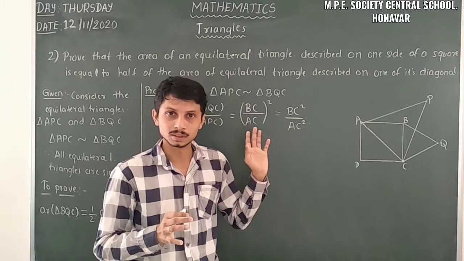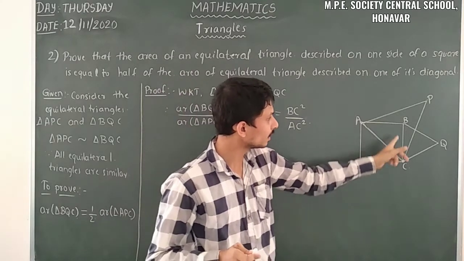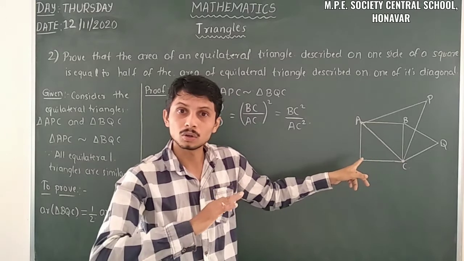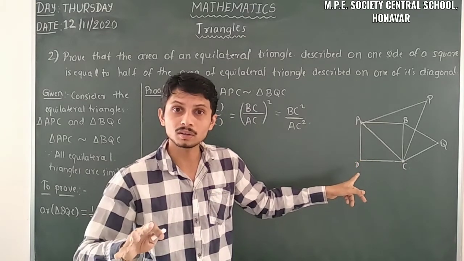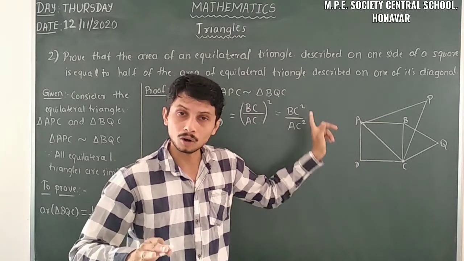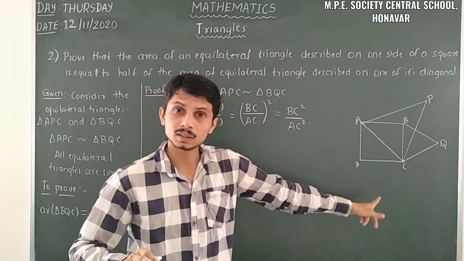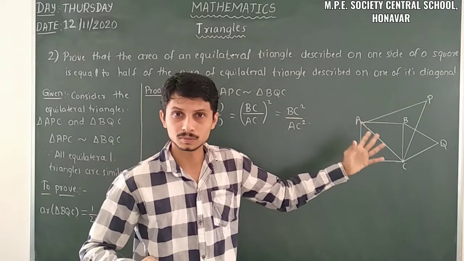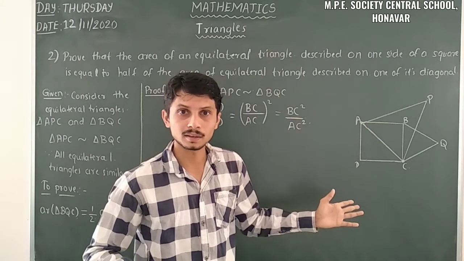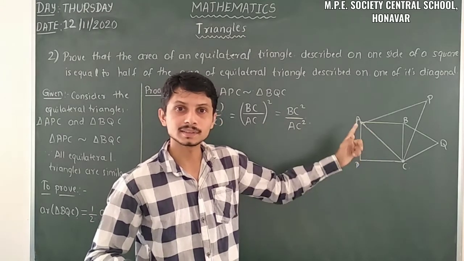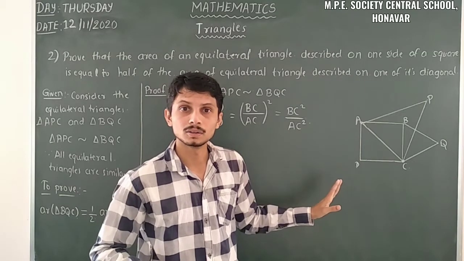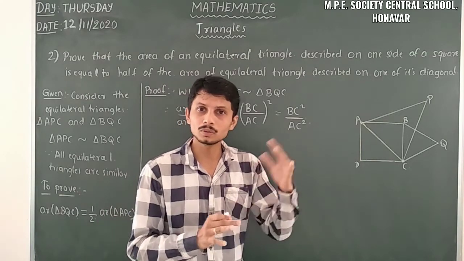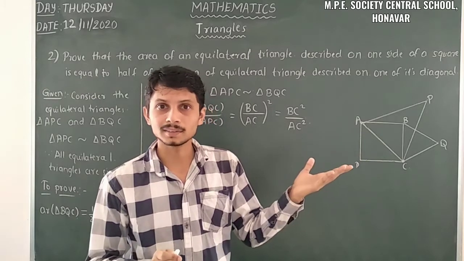Here it is a diagonal and here it is a side. It is not only the diagonal and side of a parallelogram or of a rectangle, here it is the diagonal and side of a square.